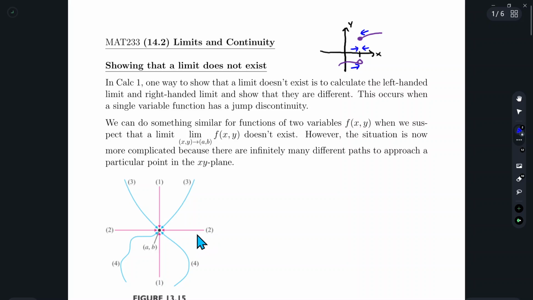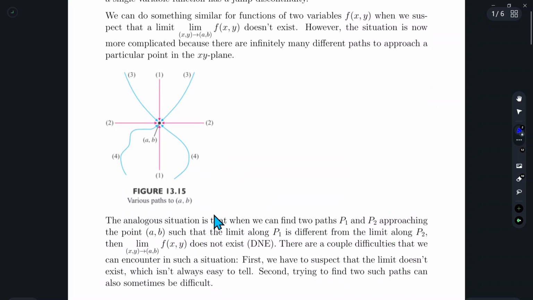You can approach along a straight line, on a slight curve like this, or along a more oscillating path like this. Every possible path to approaching the specific point needs to be considered, and because there are infinitely many, it makes the situation more complicated.